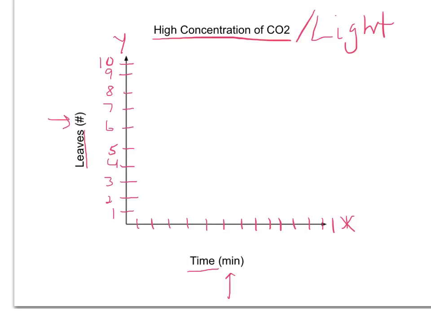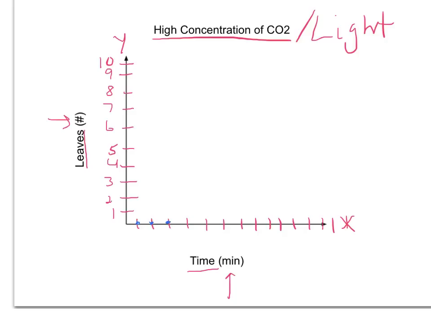After you've accomplished the work on the axes, now let's start plotting our data. We'll plot in blue. All right. If we look back at our data, we can notice that in the first 3 minutes of this experiment, no leaves were floating. And so we're going to plot a 0 on minute 1, on minute 2, and on minute 3.